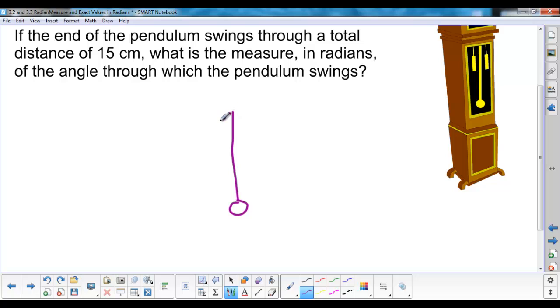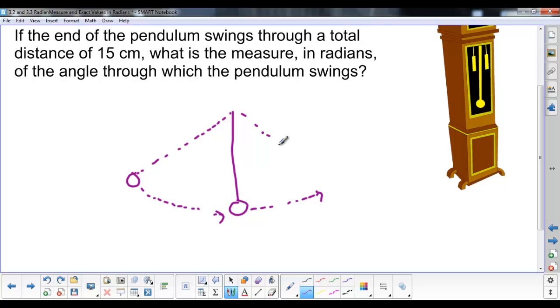Let's imagine the pendulum starts somewhere over here, and it'll swing through, and then ends up somewhere down here, and then obviously swings back. So what we've done here is we've created this arc length of 15 centimeters.